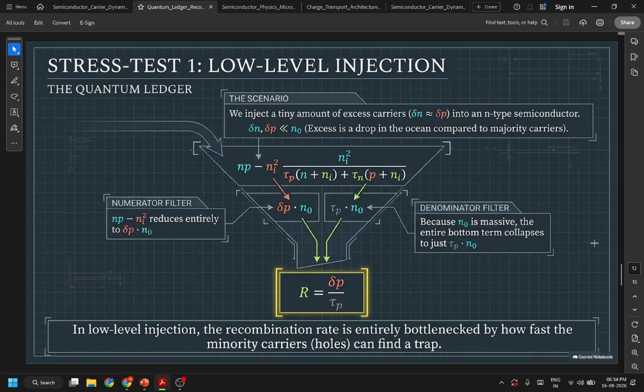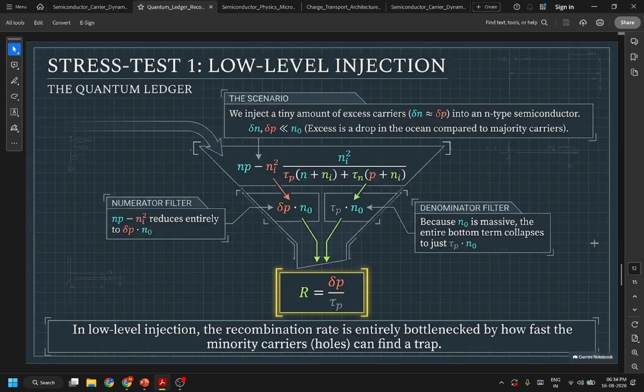And then in the denominator, n plus ni is again very huge. So n is very huge compared to ni, so it will drop to n0. And p plus ni is very small compared to n, so it will be negligible.